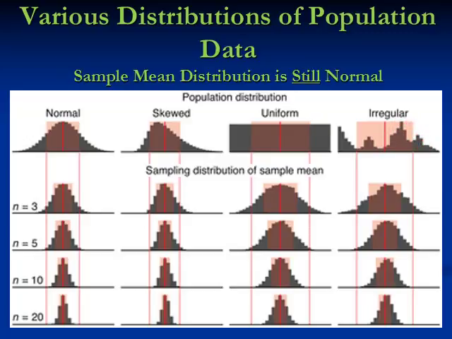But what you see is that when we take samples and graph the sample means of all four of these very different shaped data set curves, the curves down here, which are the graphs of the means of our samples, more and more approach normal.